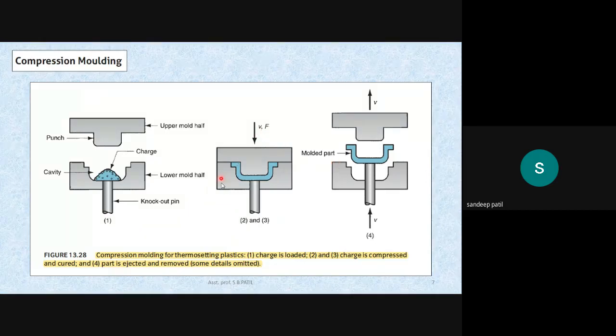After the reaction is complete and the product is formed, it is taken out by the knockout pin. The basic steps are: first the charge is loaded, second and third the charge is compressed and cured, and then the part is ejected and removed.